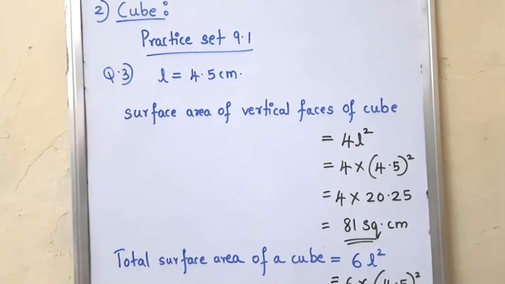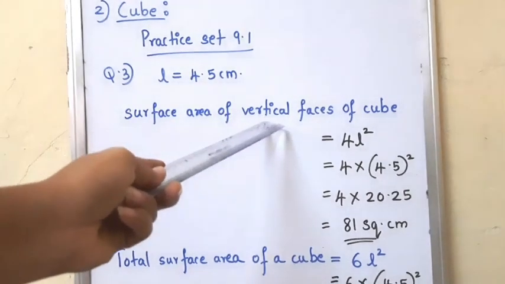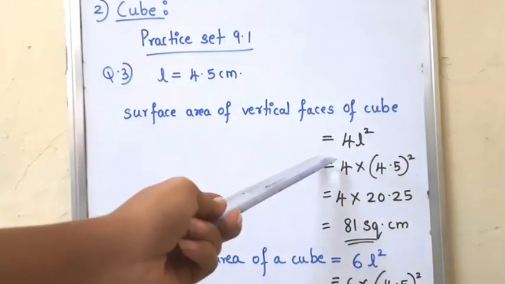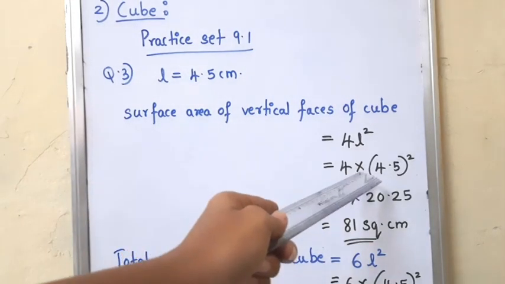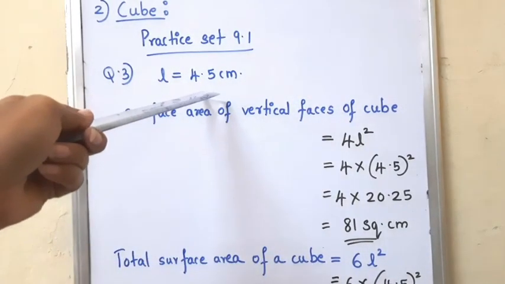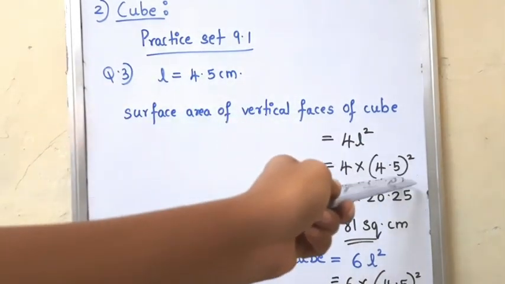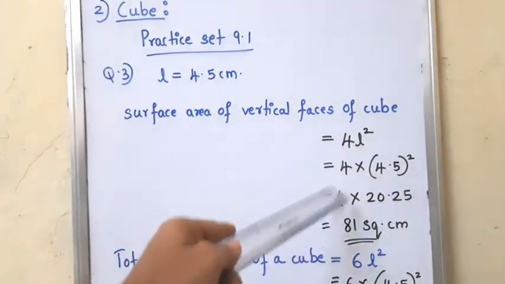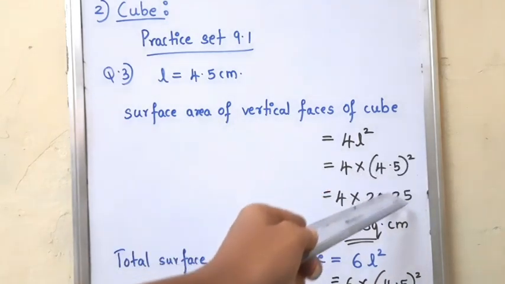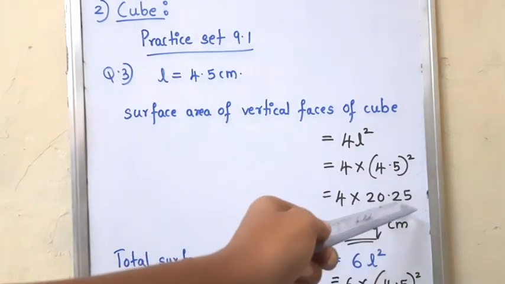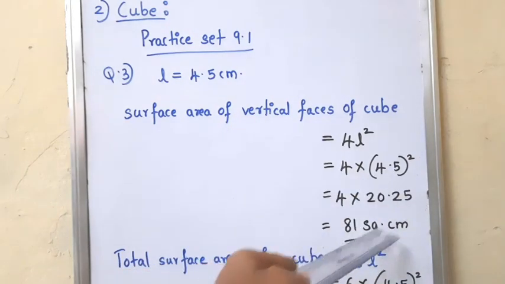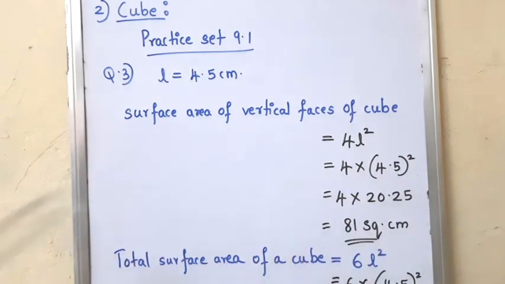We have equations. Surface area of vertical faces of cube is equal to 4L square, which is equal to 4 multiplied by, here L is 4.5, therefore L square is 4.5 square. 4.5 square is 20.25. Therefore next step, 4 into 20.25 is equal to 81 square centimeter.